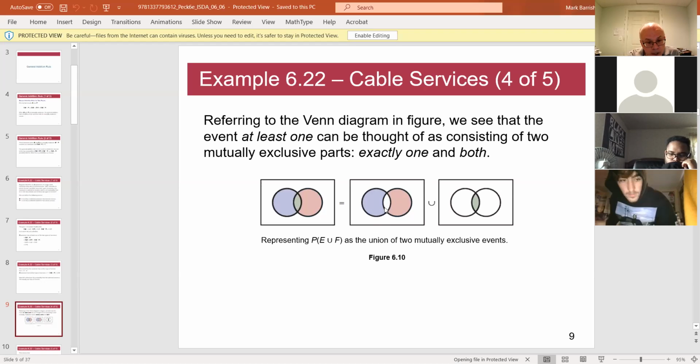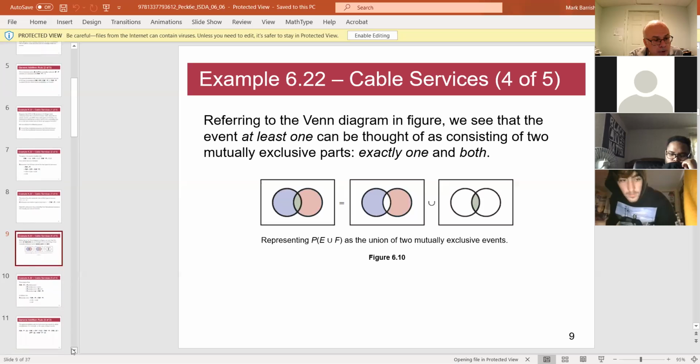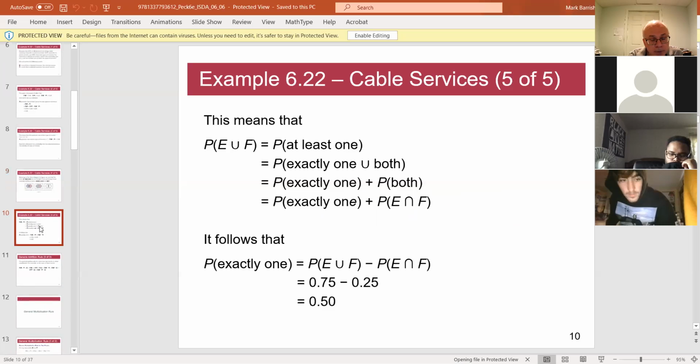The area in the middle is not colored. Here, notice it's only the one in the middle that's colored, so this would be the case of internet and telephone. Notice if you do the union of these two, you get E union F. Okay. Any questions about that? The Venn diagrams are very useful for doing problems like this.